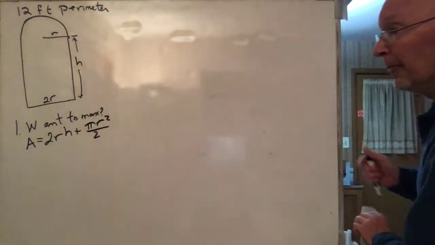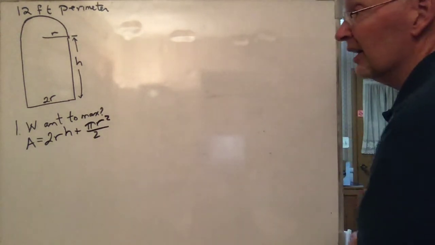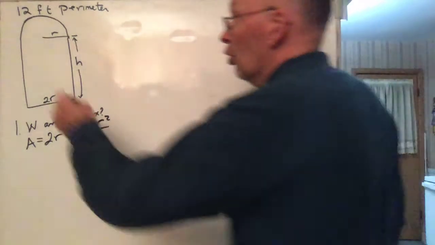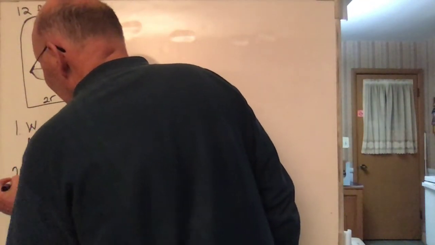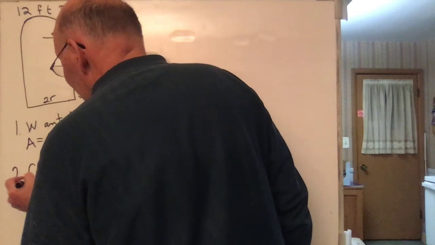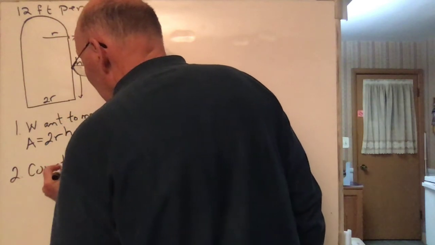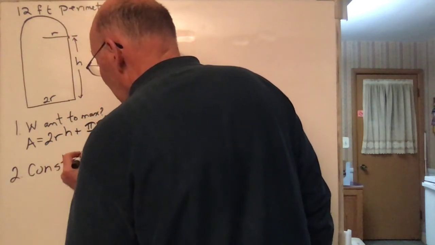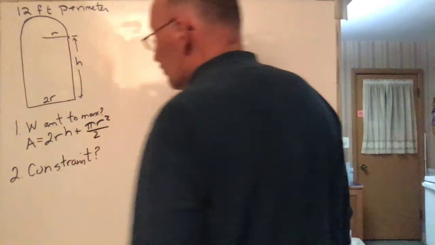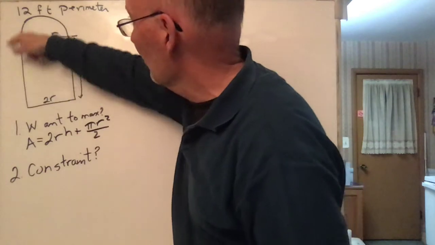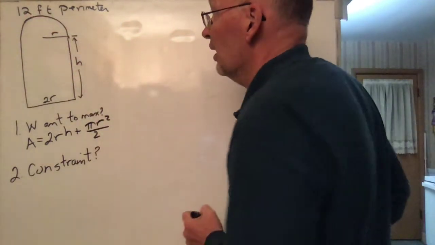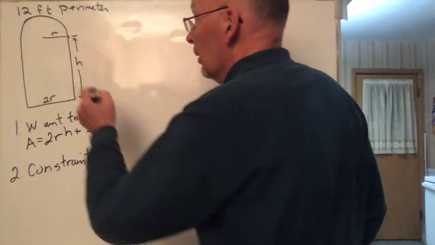Anyway, here we go. So there's the area of this Norman window, and now the next step is, what is the constraint? The constraint, again, is that the perimeter of this whole thing has got to be 12. So what do we have here?